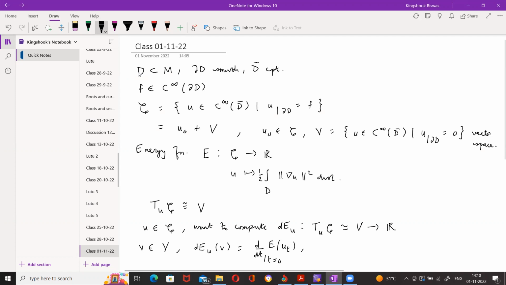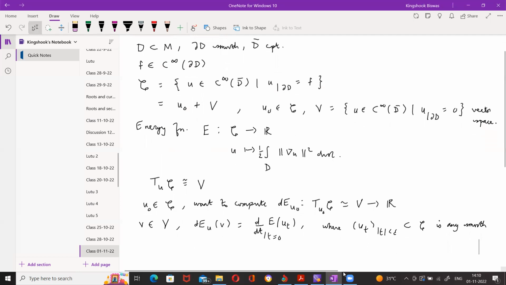where u_t, defined for t small, for mod t less than epsilon, is any smooth curve in C such that d/dt at t equal to 0 of u_t is equal to v.